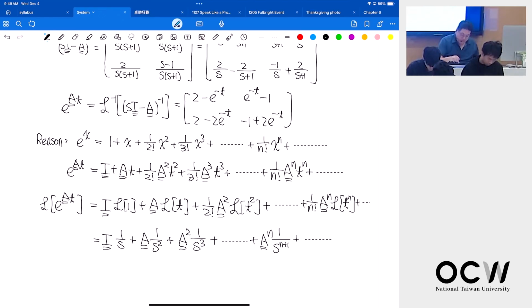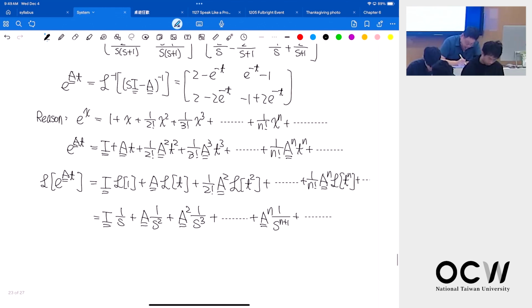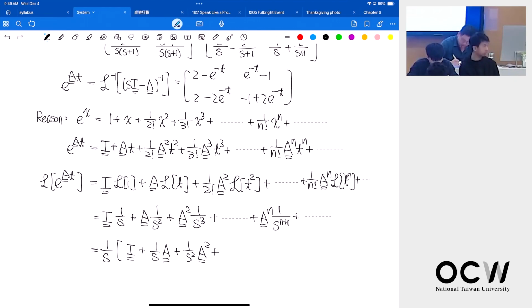Then we can take the 1 over s outside. Then I have the identity matrix plus 1 over s A plus 1 over s squared A squared, plus 1 over s to the n A to the n.